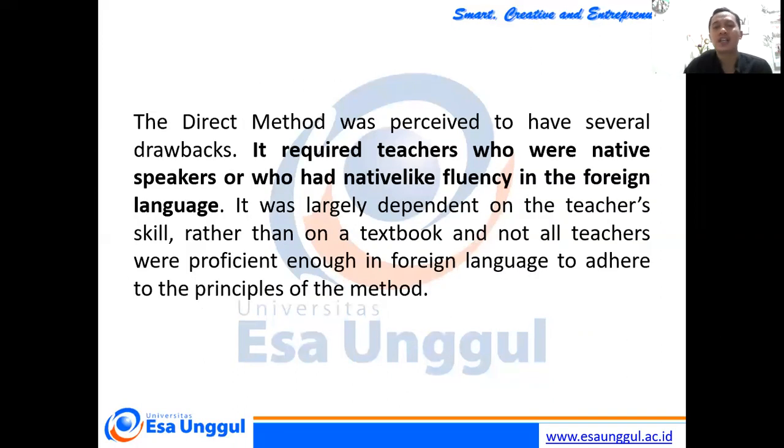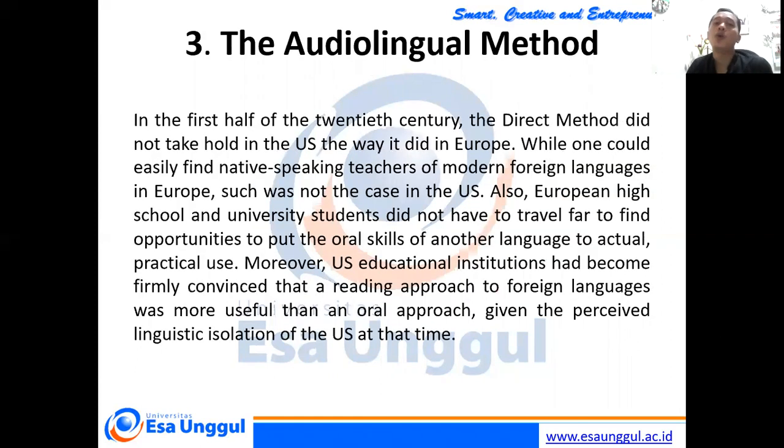The drawback of this is that it required teachers who were native speakers or who had native-like fluency in a foreign language. But it's not easy to find native speakers or native-like people. And then we also have the audiolingual method. Well, the direct method was good, but it was not able to be applied in many countries.